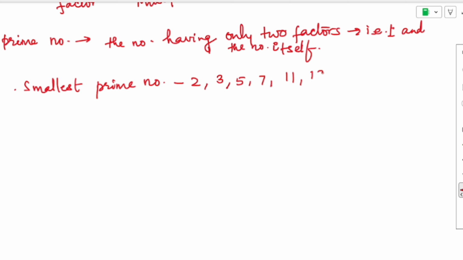Then 13, 17, 19, 23, etc. Here we can see 2, 3, 5, 7, 11, 13, 17, 19, 23 are all prime numbers because they are divisible only by 1 and themselves.